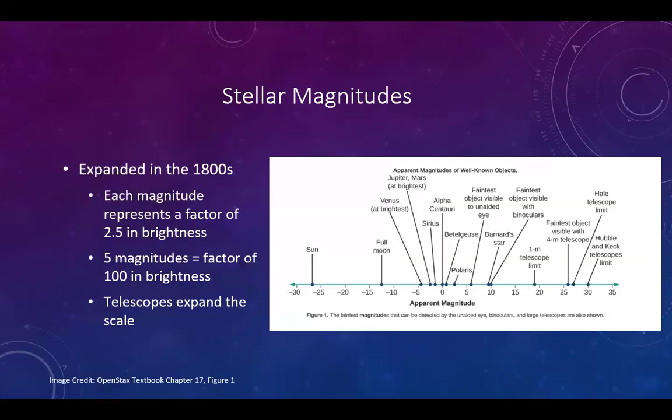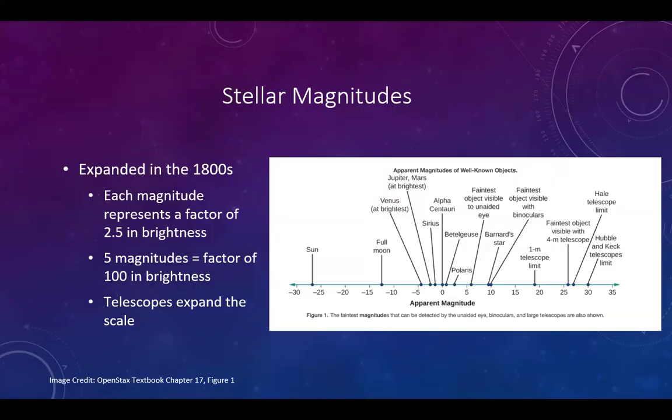In the 1800s, it was expanded, where each magnitude indicates a factor of 2.5 in brightness. So if you go from magnitude 1 to magnitude 2, your brightness is cut by a factor of 2.5.